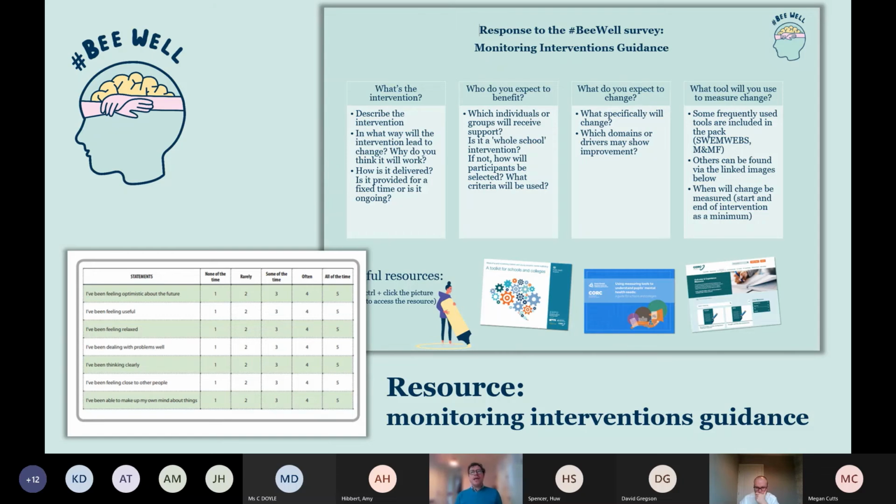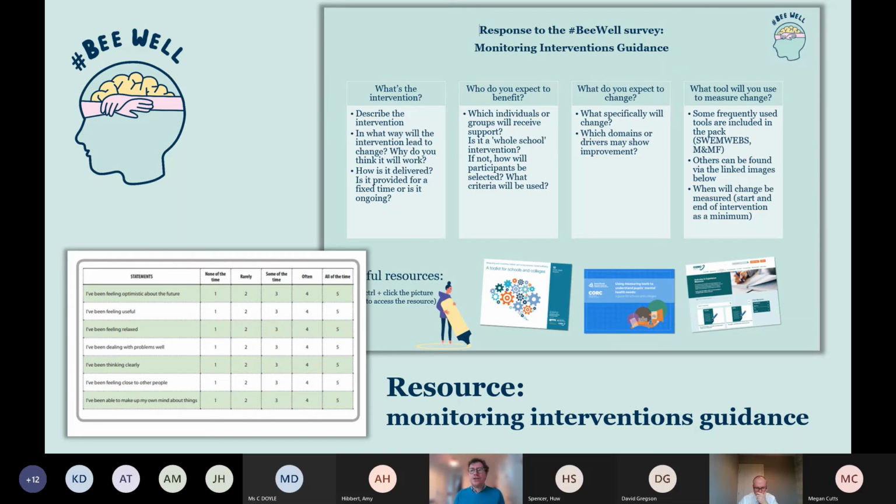One of the things that is really important, particularly when we're thinking about monitoring interventions, is thinking how can we measure the impact of what they do. The usual way within research is you measure something at the start and you measure something at the end. So what research would call time 1, time 2, beginning and end, and you see if anything's changed in between.